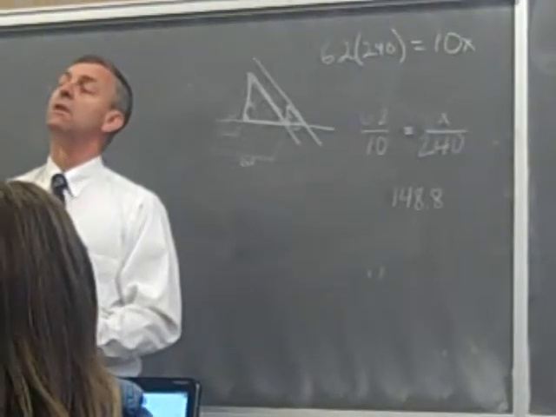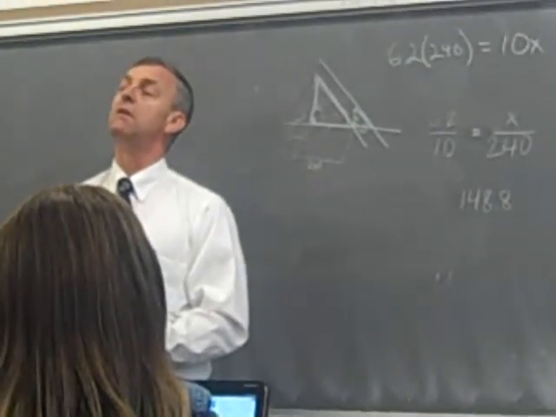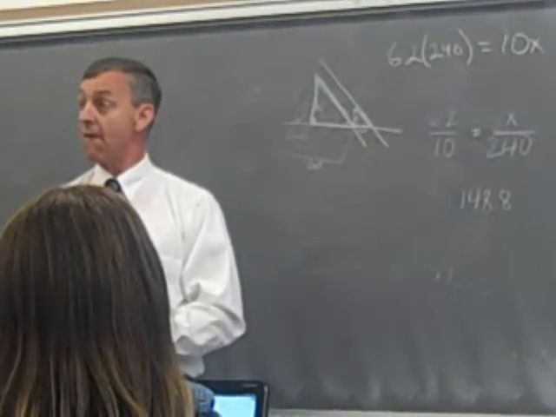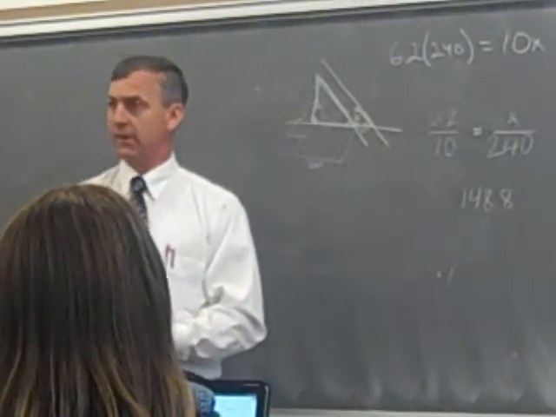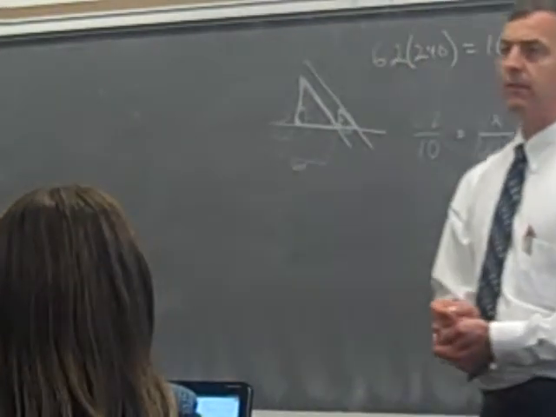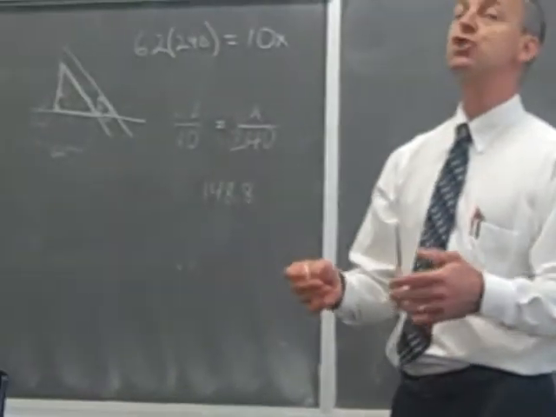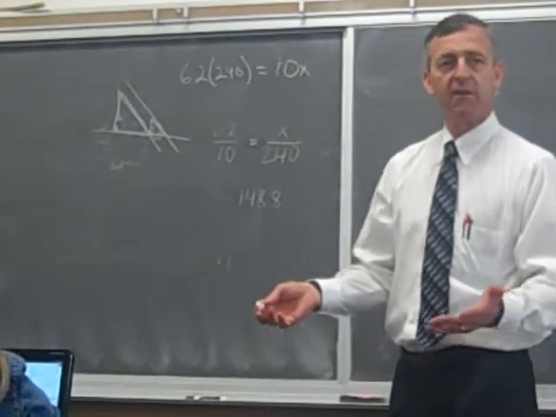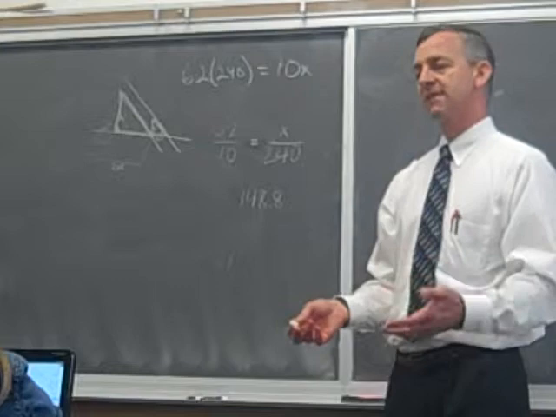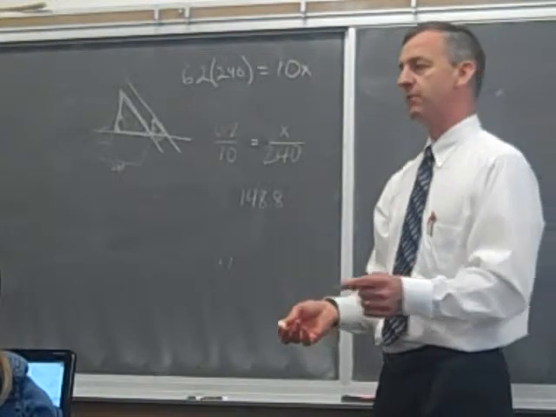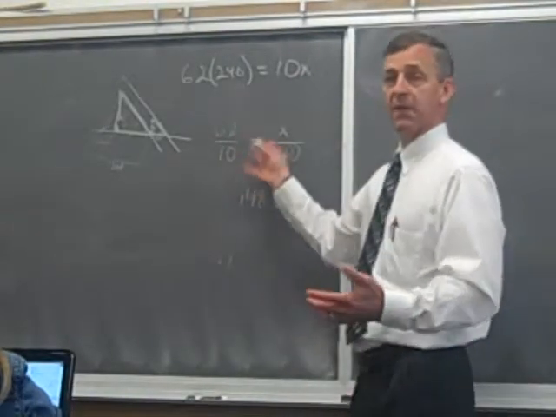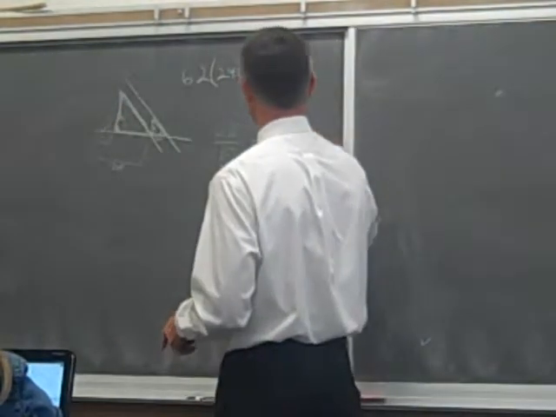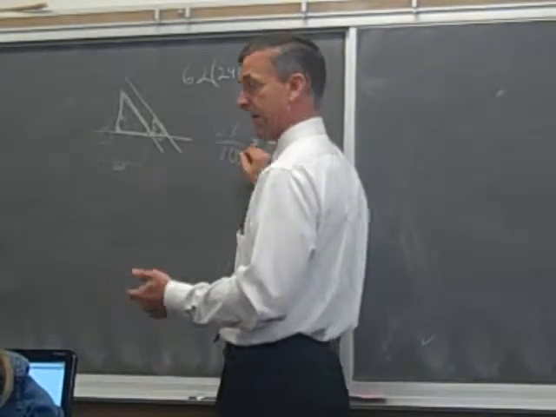You're just not showing your work of what you're doing, because really you're just timesing both sides by 240 and then both sides by 10. But then when you times 240 on this side, they cross each other out. On this side, the 10s cross each other out, so you're just not showing your work. Cross multiplication is a trick. It's a nice trick. It works every time. But the reason I'm bringing this up is because you're going to be dealing with students who, you'll teach them cross multiplication probably, but show them why. Let's look at this. You multiply both sides by both denominators, the product of the denominators.